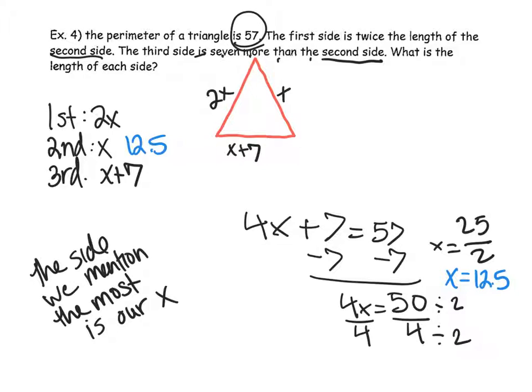The first side, 2 times 12.5. 2 times 12 and a half, 25. Third side, 12.5 plus 7, 19.5. Not a problem to have.